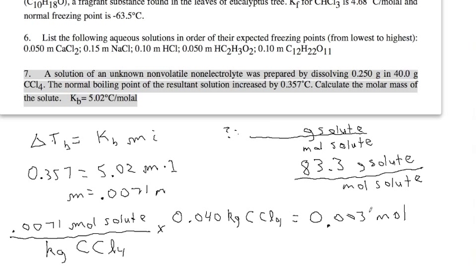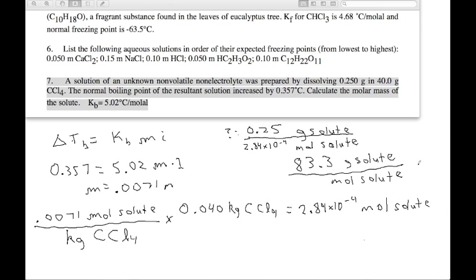And then what did you get as the number of moles of solute? I got 0.003. Does that look like this? Yeah. Now, I don't think I got that on my calculator. Try that calculation again on your calculator. One of us must be making a mistake. When I take delta Tb and divide it by Kb, I got 0.07.